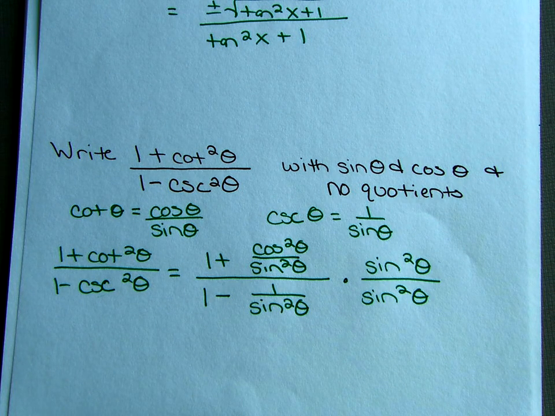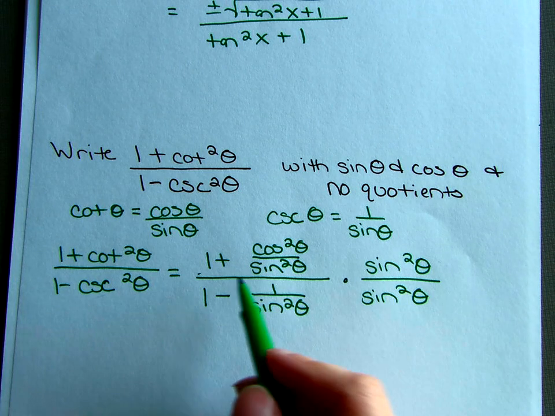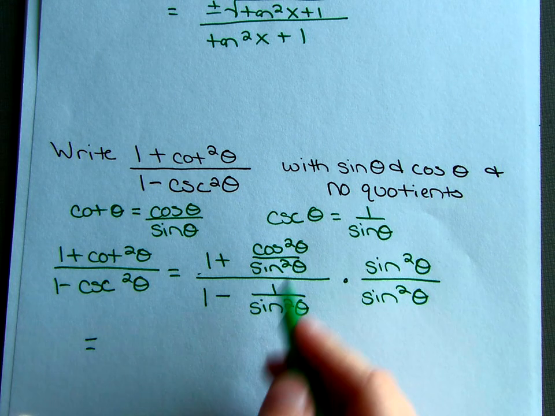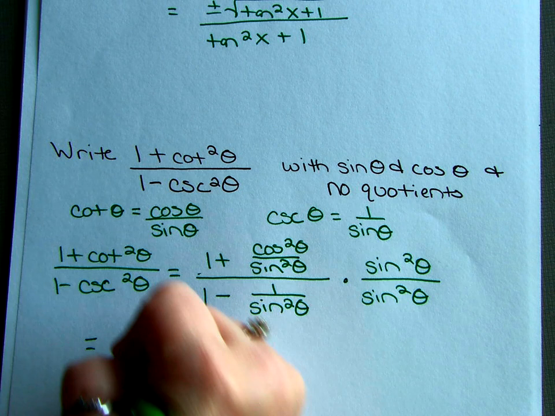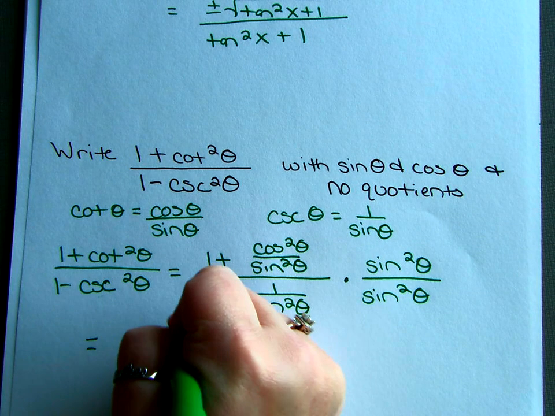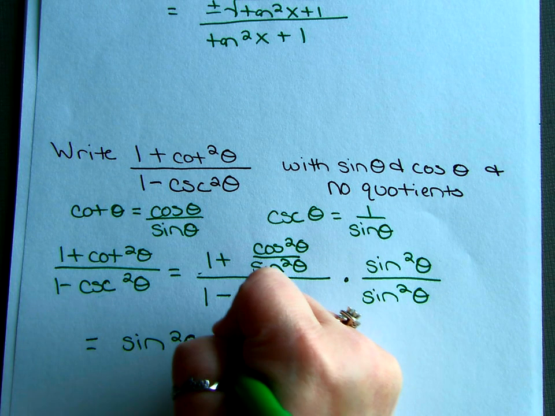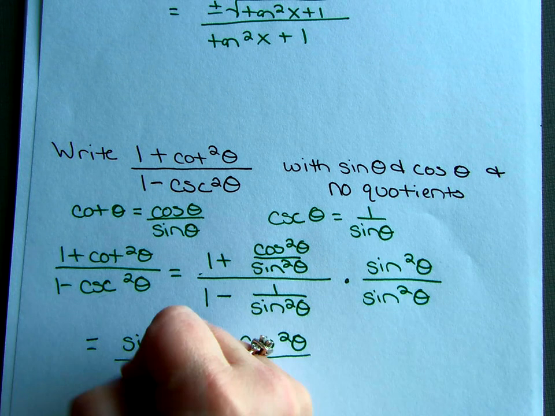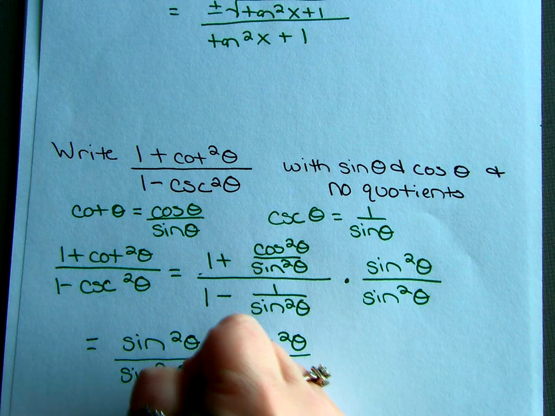I don't like fractions in fractions. So what you're doing is just distributing that sine squared to each of the terms in both the numerator and the denominator. So you get sine squared theta plus cosine squared theta on top over sine squared theta minus 1 on bottom.